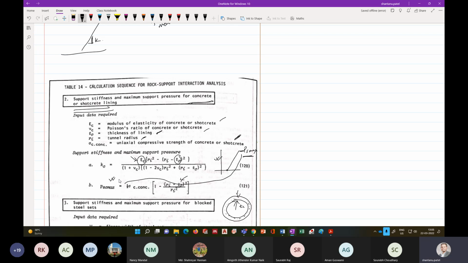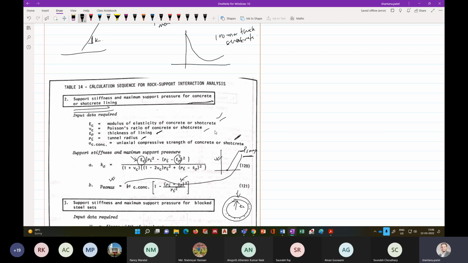Is this clear? So just to repeat, you first get the ground reaction curve for your tunnel, how it is looking without any support. Then see what is the support available. Let's say you have 100 mm thick shotcrete.